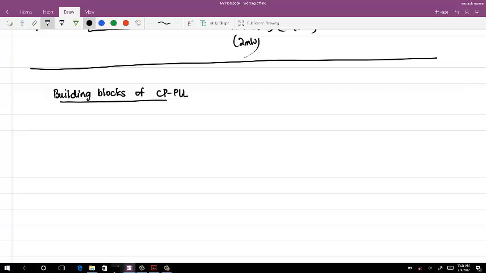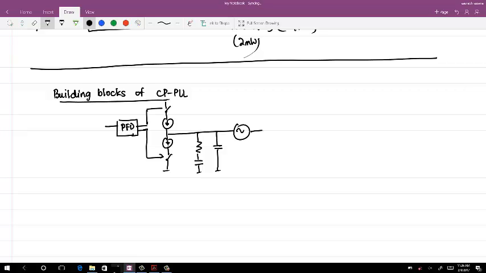So just so no one has forgotten the basic block diagram: I have PFD, then charge pump here, and loop filter, which is type 2, plus the control voltage goes to VCO. Then I have a divider, and so this one is phi in, this is phi out.